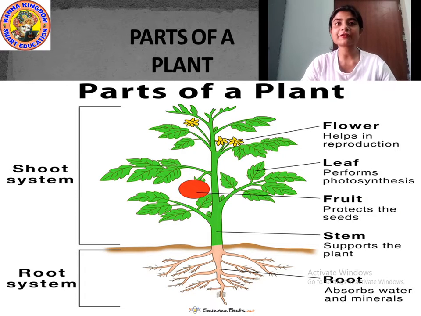So these are the different functions of the different parts of the plant. And this plant is divided into two parts, that is shoot system and root system. In root system there is only root, and in shoot system there consists of flower, leaf, fruit and stem. Understood?